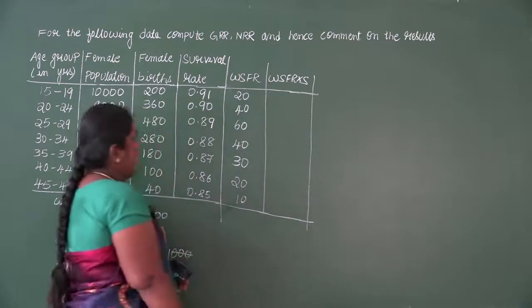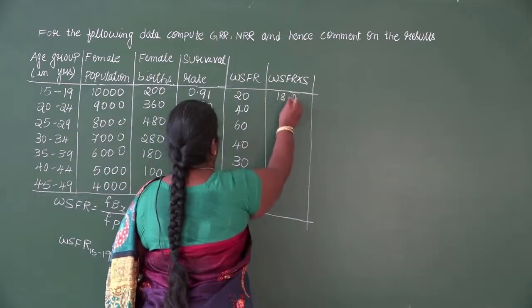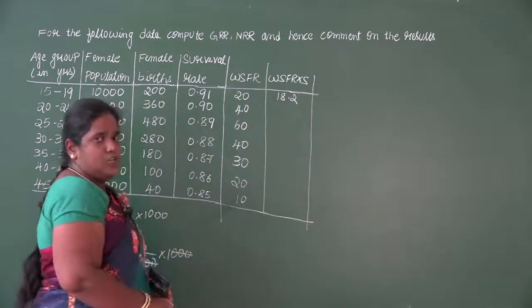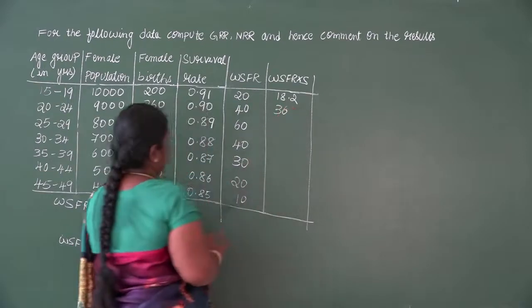So it is 0.91 into 20. It is 18.2. Then 40 into 0.9. It is 36.